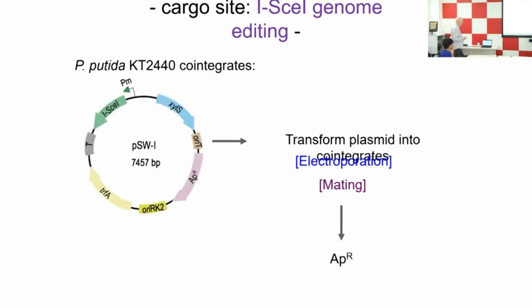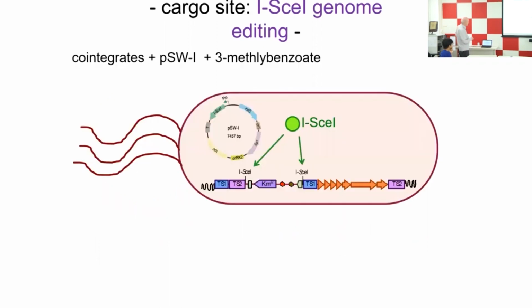Now, here comes the next important thing. The second plasmid comes into play, and this second plasmid expresses conditionally, as I said, this nuclease that is called SCEI. And you can introduce this plasmid, again, through electroporation or through mating into the recipient strain, in such a way that now you have the chromosome of your bacterium here with a cointegrate at one side or at the other side.